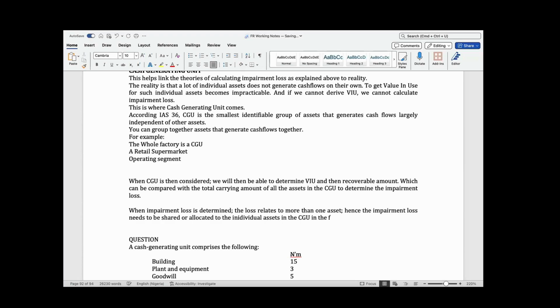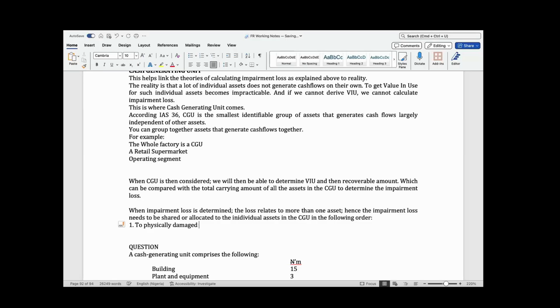How do we share it? In the following order. This order is particularly important. Number one, you share it first to physically damaged assets. If there is anything like that, you prioritize those physically damaged assets.